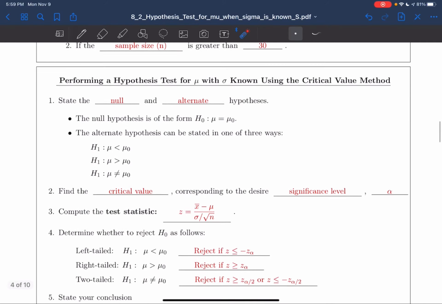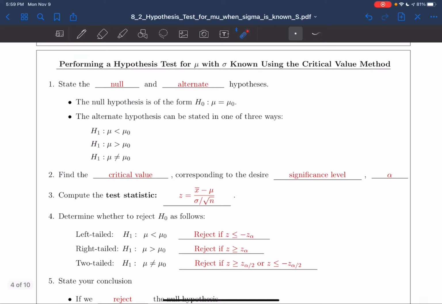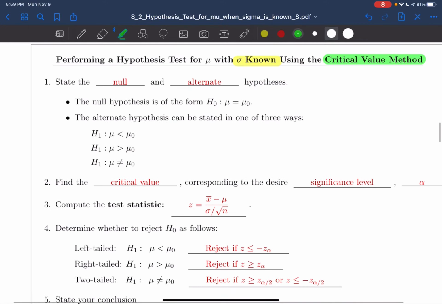Okay, so here are some of the steps for performing hypothesis testing for mu when the population standard deviation is known, and we're doing it using the critical value method. Step one is we have to state the null and alternative hypothesis.